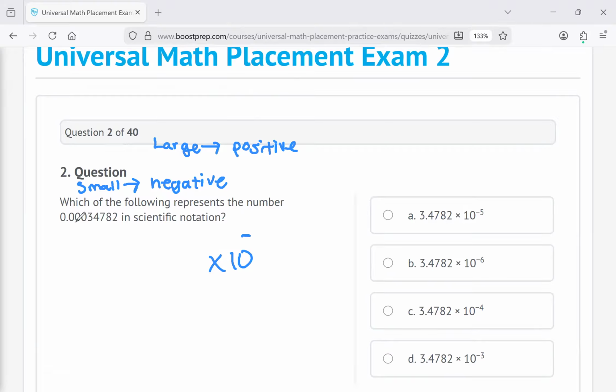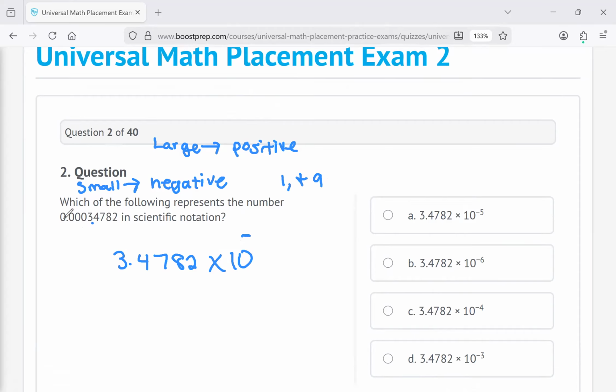Then what I'm going to do is move the decimal so there is one digit between 1 and 9. So I'm going to put it between 3 and 4. Now you can't forget about these numbers, 3, 7, 8, 2. So you do have to include it. So it's going to be 3.4782.